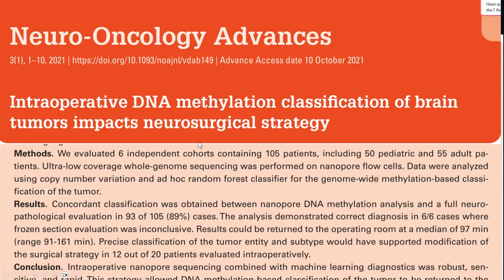I'd have to double check exactly how long it takes, but it's cool because as it's running, it'll start to process the data and slowly become more confident of the diagnosis call it's making. Of course, I don't think it's standard of care. We'll see if it gets there. I don't know if we necessarily want to put ourselves in having to do these molecular frozen sections, basically, but it is still pretty cool, and we'll see where it goes.